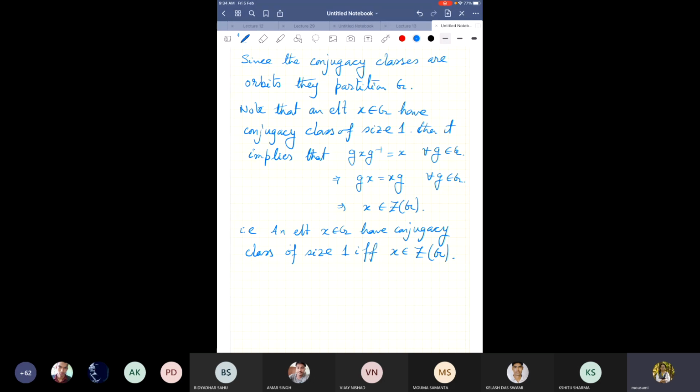So now I am going to define the class equation. In order to do that, let G be a group of finite order, and the center of G. Everybody remembers what was the center?